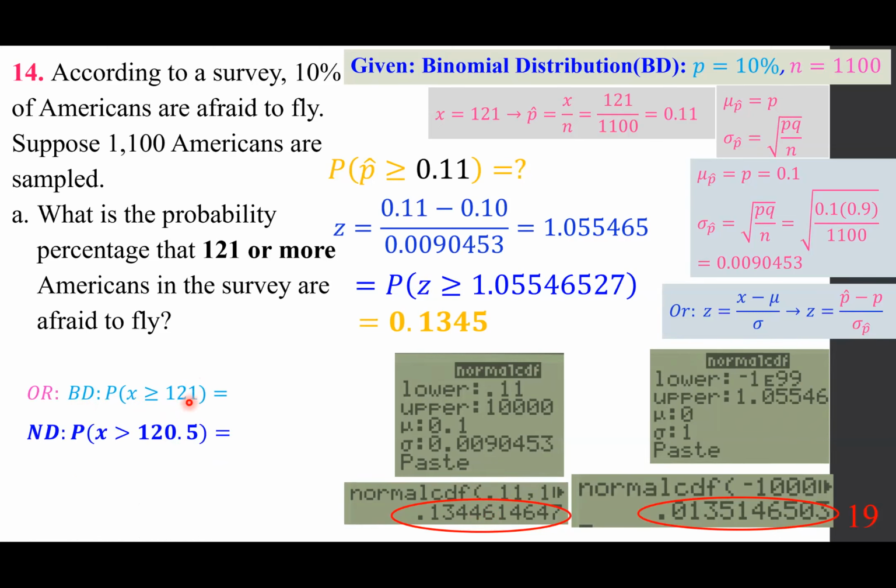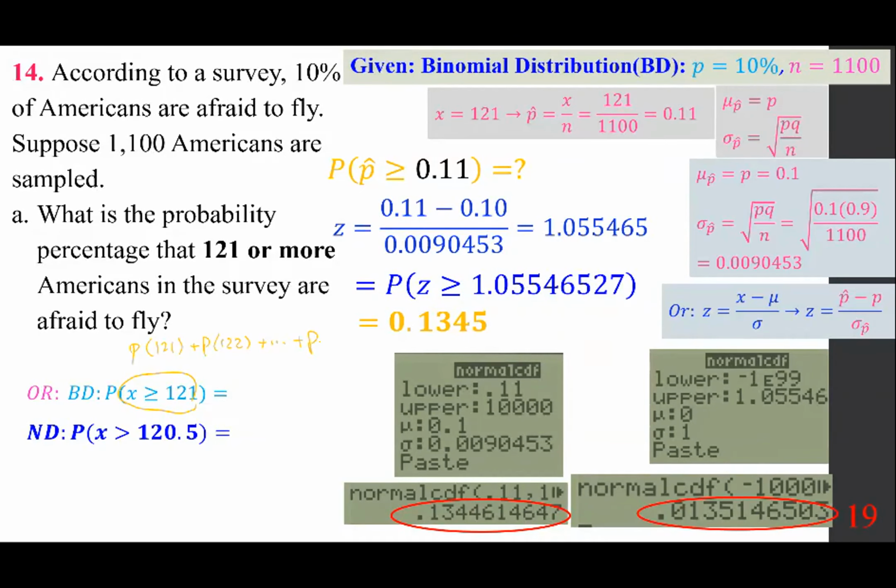If you go with 121.5, you miss the first number, which is 121. So again, I want to show you why: this means probability of X equals 121 plus 122 all the way to the last one, 1,100.